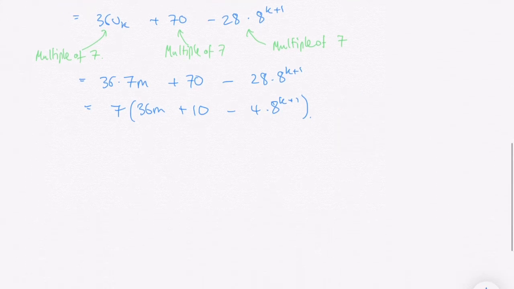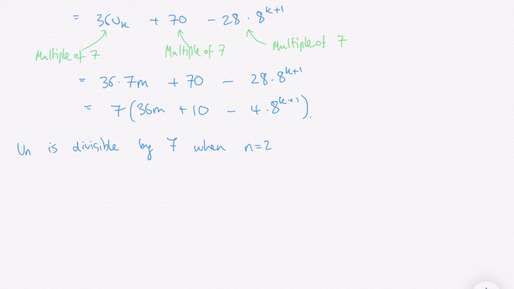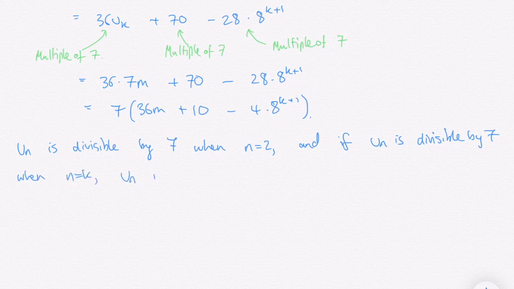So what have we done? Well, we have shown that u_n is divisible by 7 when n equals 2. And if u_n is divisible by 7 when n equals k, u_n is also divisible by 7 when n equals k plus 1.